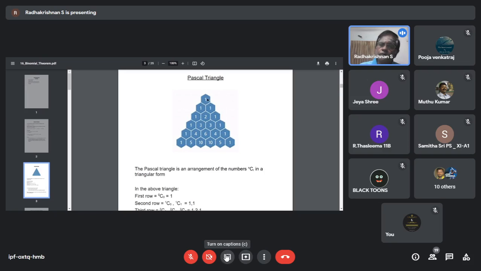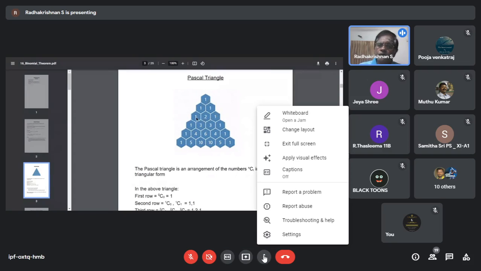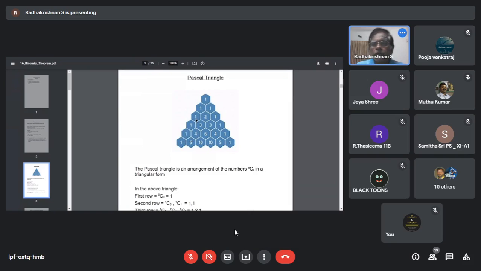In this way we can write the numbers, and these are your NC0, NC1, NC2 etc. If you take the second row, it is 1C0, 1C1; the third row is 2C0, 2C1 and 2C2. The fourth row is 3C0, 3C1, 3C2 and 3C3.